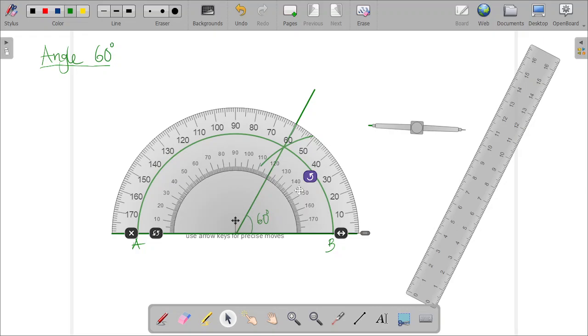Now you can see that you can move this arrow key. Move it from 0 to that line, that green line. You can see the angle is obviously 60 degrees. It's correct. So this is how you construct an angle of 60 degrees.